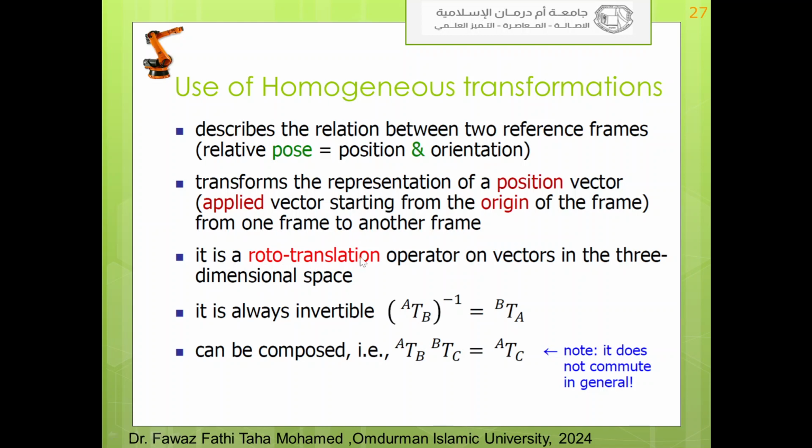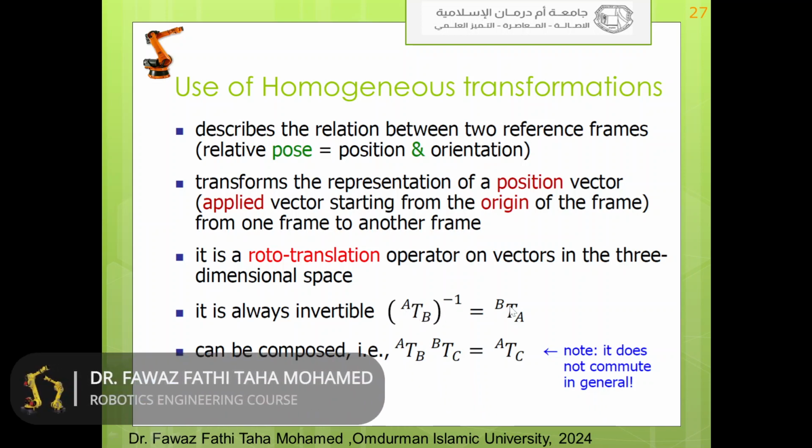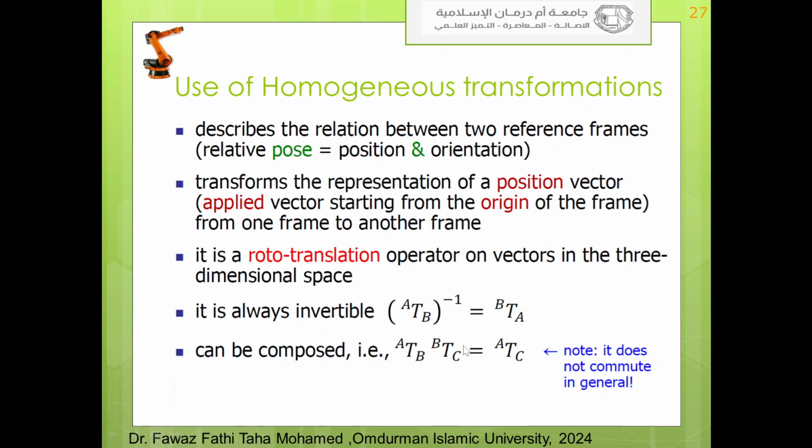It is a rotation translation operator on vectors in three-dimensional space. It is always invertible. The inverse of this T_BA equals T_AB. It can be composed or compounded for any successive movement of the frame.